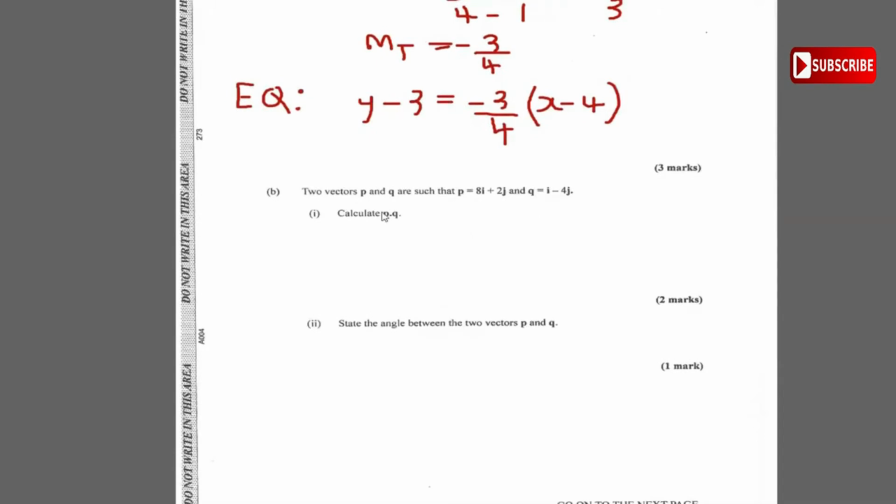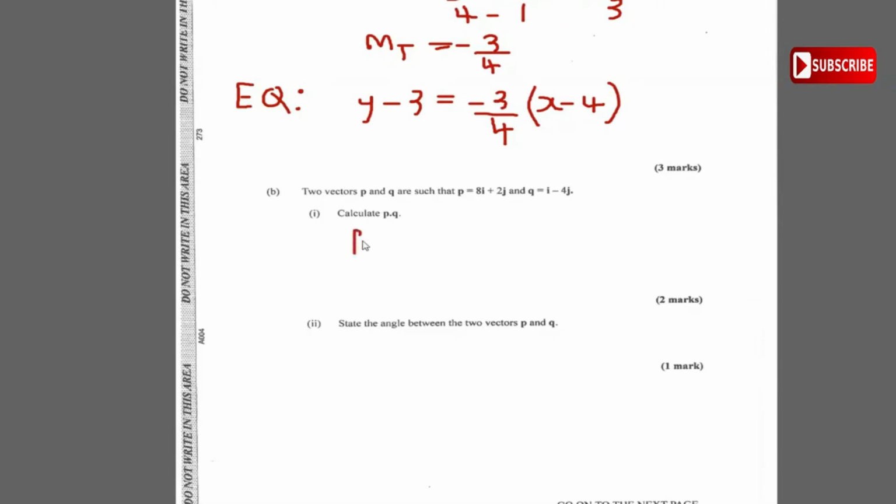Then part B. Part B says two vectors P and Q are such that P is (8, 2), Q is (1, -4). Find the dot product P dot Q. All right.